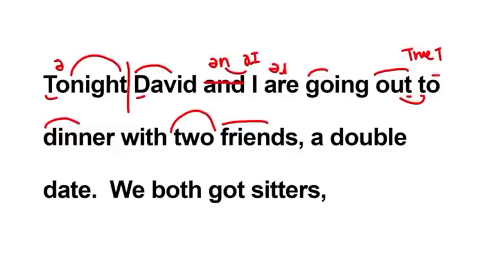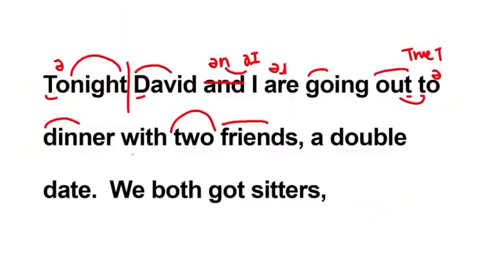Out to dinner. And the word 'to' is reduced. We use the schwa instead of the U vowel. So it's not 'to', it's 'tuh'. Out to dinner. Are going out to dinner with two friends. The word 'with' said very quickly. So the TH is made very simply here. It's very fast.